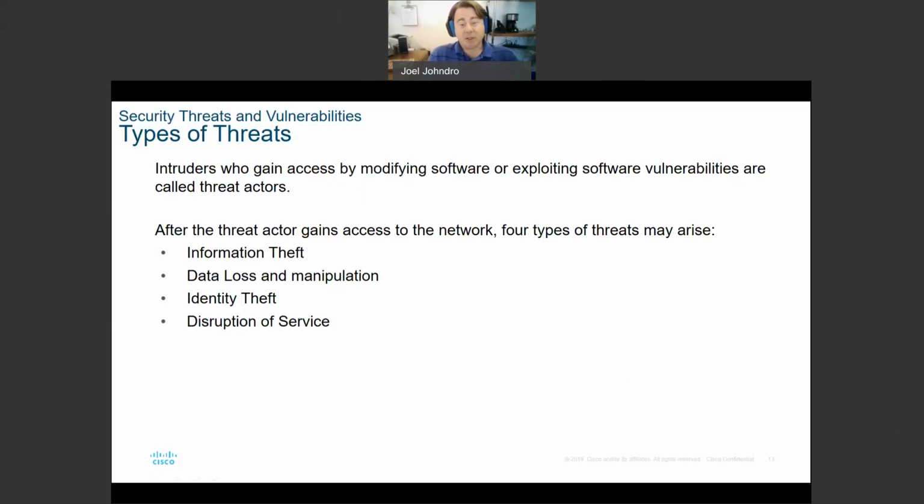Identity theft is actually another form of information theft. That's done for the purpose of specifically taking over a particular person's identity. If you can successfully take over someone's identity, you could get loans in their name and purchase vehicles or other products in that person's name, and then the threat actor never has to pay for it because the person whose identity they stole is on the hook for that.